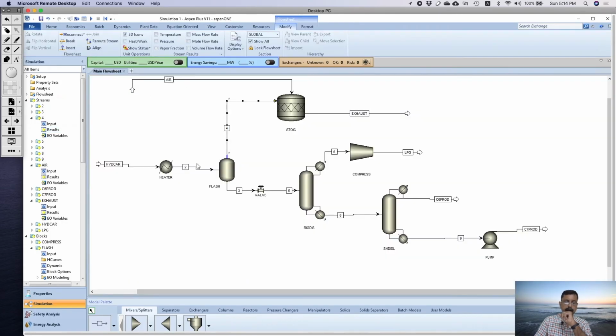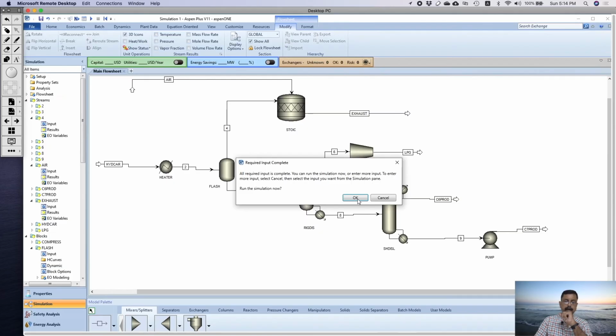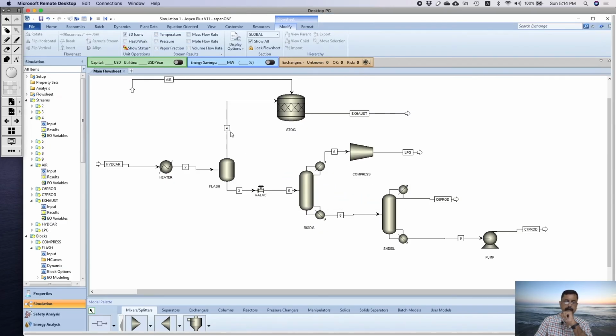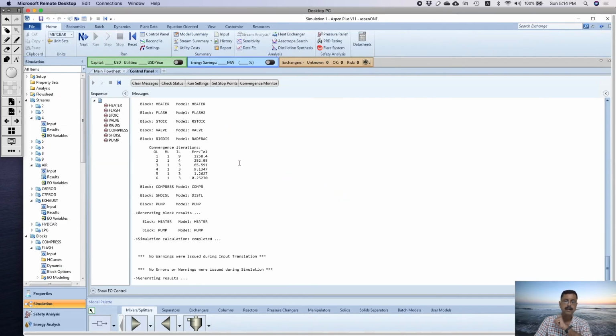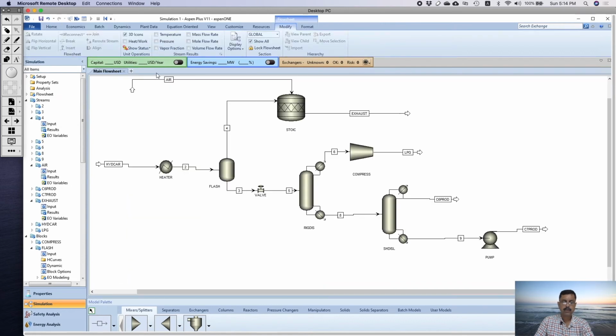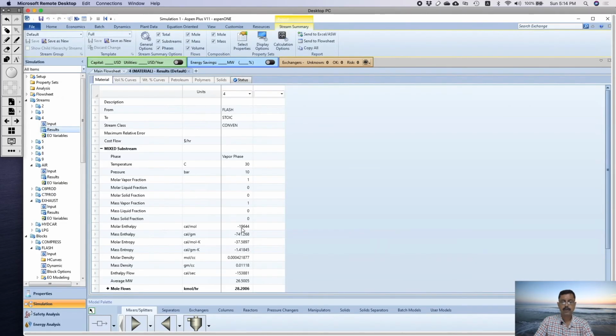Now if we run this simulation with a change from 40 to 30, let us see what happens. Remember, it was 30.5667. Now simulation is run. Now let us check what is the result. So here the result, it is 28.2006. Earlier it was 30.5 something, now it is 28.2.